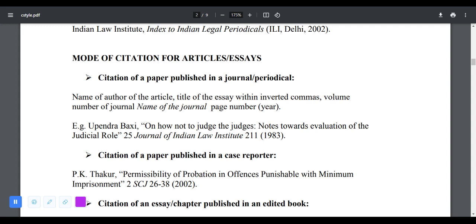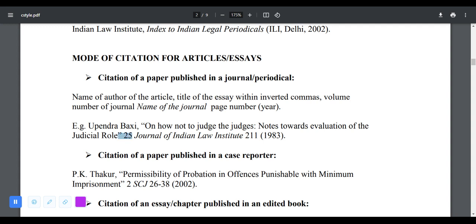Suppose you go through one of the articles in the journal, and you find that one of the topics is "How Not to Judge the Judges: Notes Towards Evolution of the Judicial Role." This topic is written by Upendra Baxi, in volume number 25.